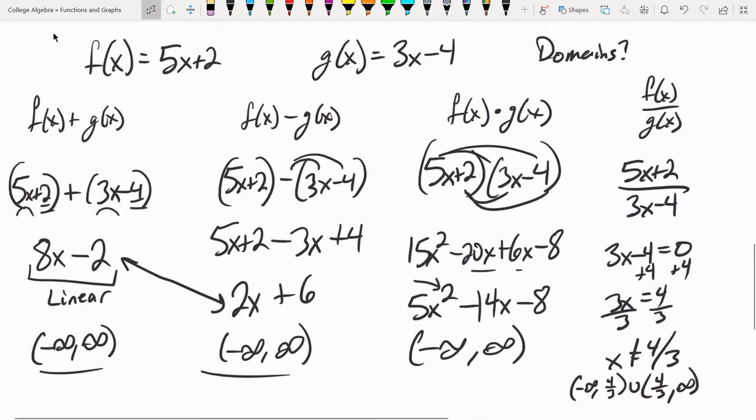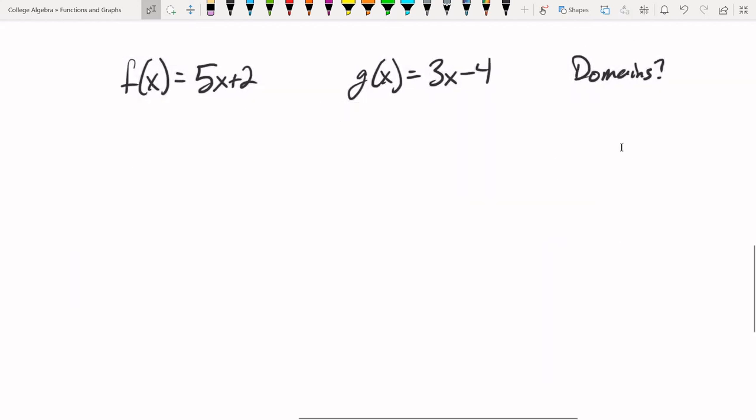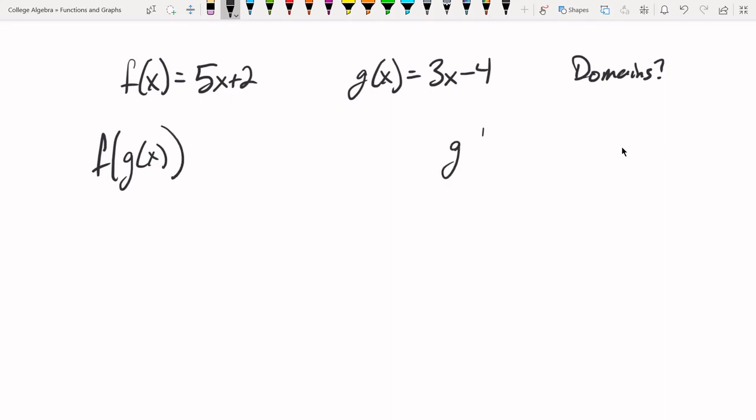So let me take these again. And now let's look at function composition. So f of g of x and g of f of x.